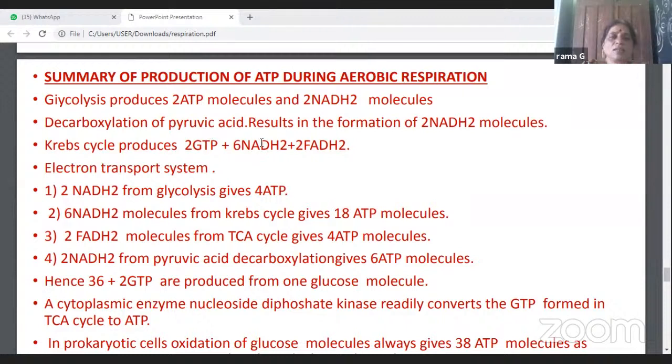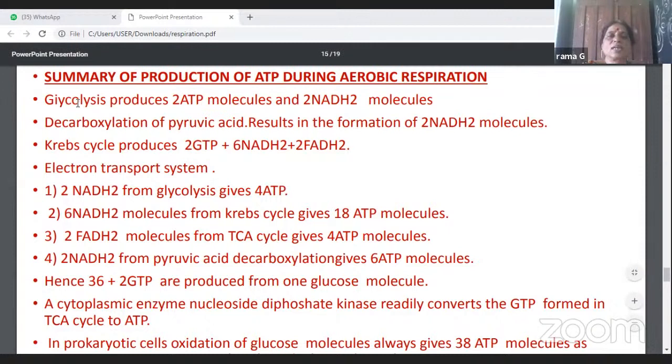Then only one glucose molecule will be converted into CO2, H2O plus energy currency totally. That's why it is aerobic respiration. So the Krebs cycle will turn 2 times because of the 2 pyruvic acid molecules which are produced by the glycolysis from 1 glucose molecule.